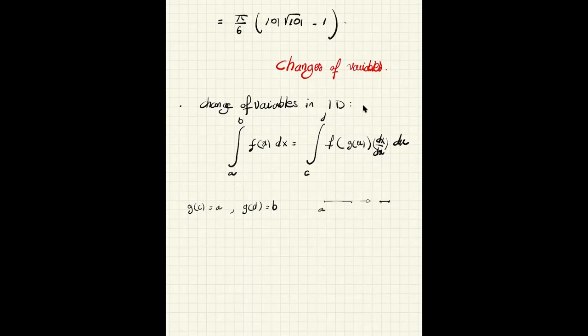You're taking a line AB and you're just transforming it into another region of integration from C to D of another function. In 2D, you can have much more complicated than that. You can have a region D, then when you transform, it's going to be something else, right? So that's exactly what happens. We're going to start by talking a little bit about transformations in 2D, and then that will allow us to speak about change of variables.